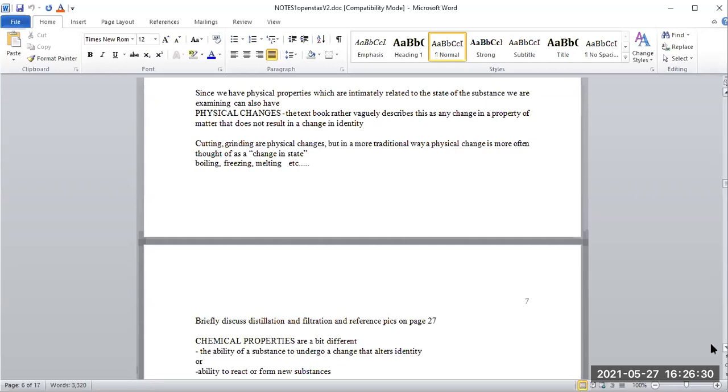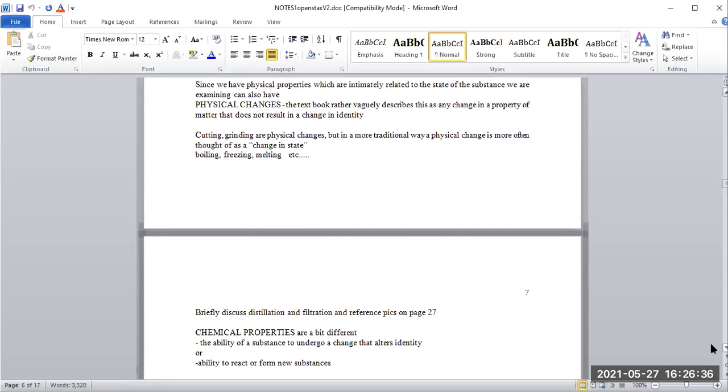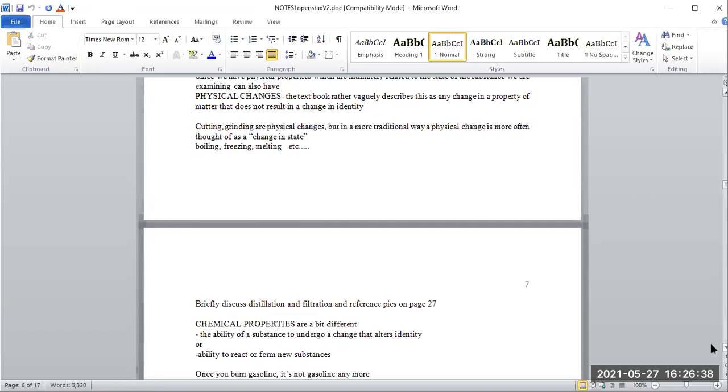And I think I have the page number correct. If you want to go back later and have a look at page 27, it talks a little bit about distillation, which is essentially a process that boils a substance, turns it into a vapor, and then passes it through a condenser, and then recondenses it back into the liquid form.